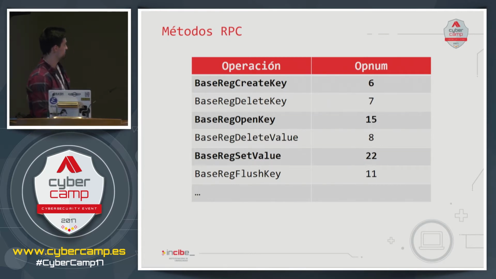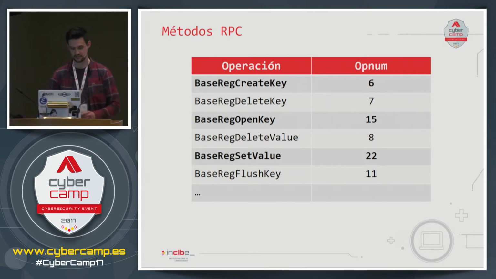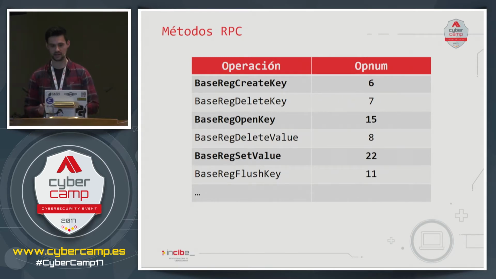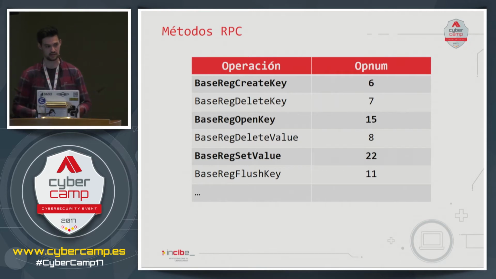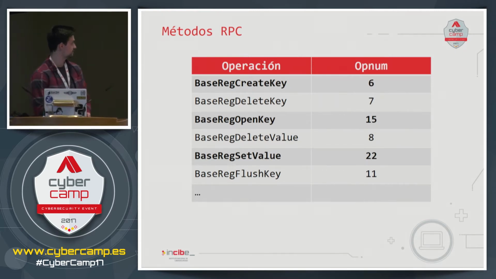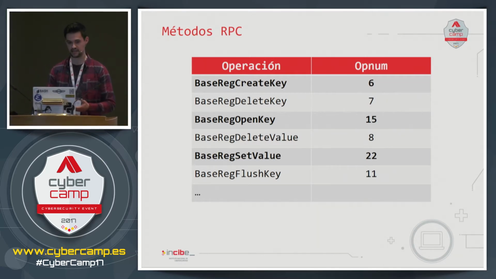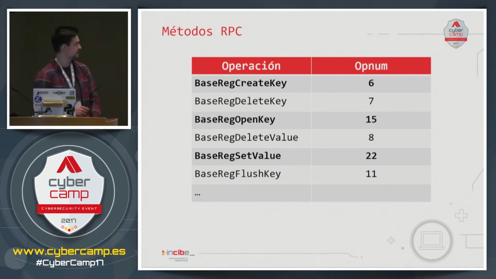And these are the operations for the remote registry protocol, and they're the same as the ones that we could use in an operating system for a local call. For example, they'll have the same inputs and outputs. And why is it so important to know about these?